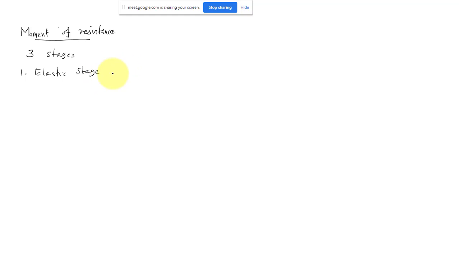That means this will be the stress block, which is less than or equal to the yield stress. This is the condition. So we can find the corresponding moment of resistance, M, which is less than or equal to the yield moment, My, that is equal to yield stress into elastic section modulus. That is the first stage.